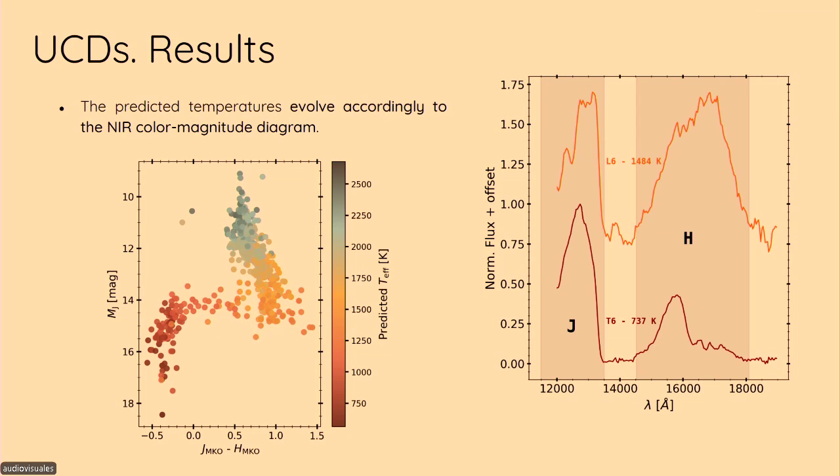Okay, and I overplotted the J and the H near infrared bands, so you can see how when we transition from the late L to the T type, the flux in the H band is strongly reduced, and this is because of the appearance of methane absorption bands. So you can see how the flux is strongly reduced, and because of that, the color J minus H starts to go bluer in this transition.